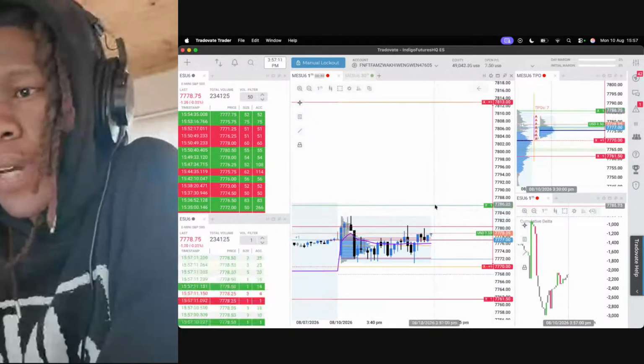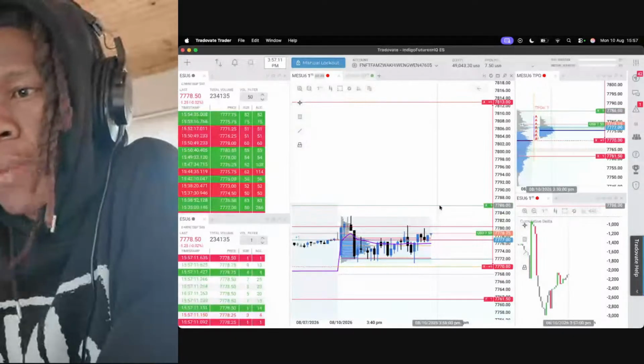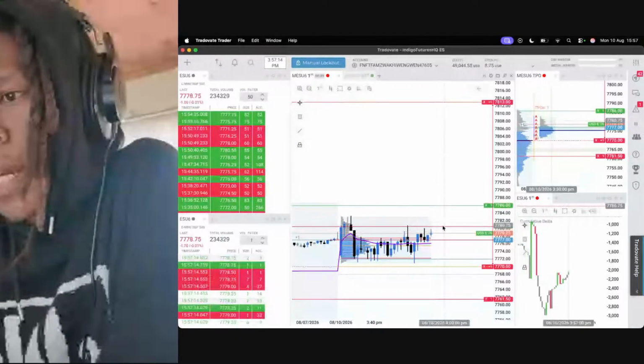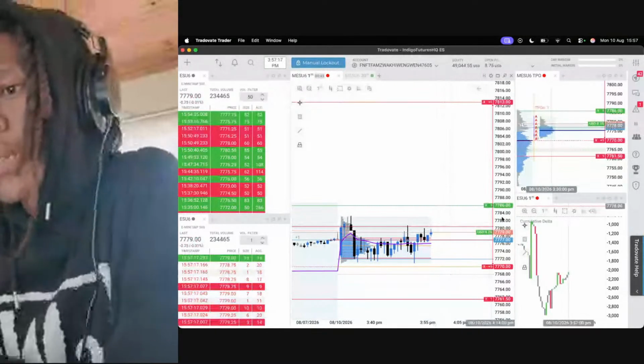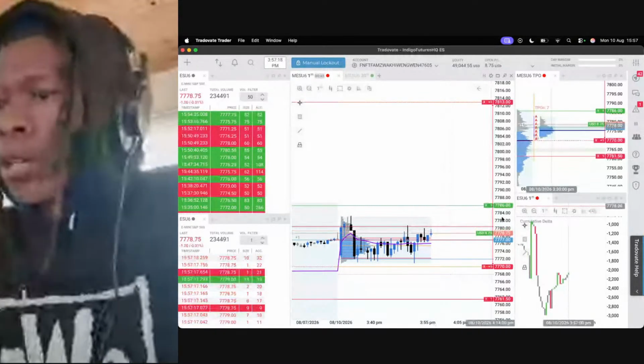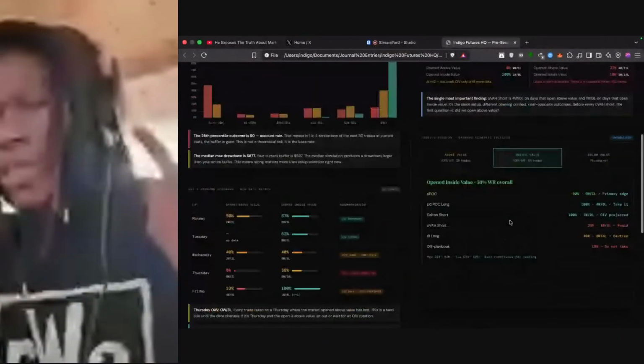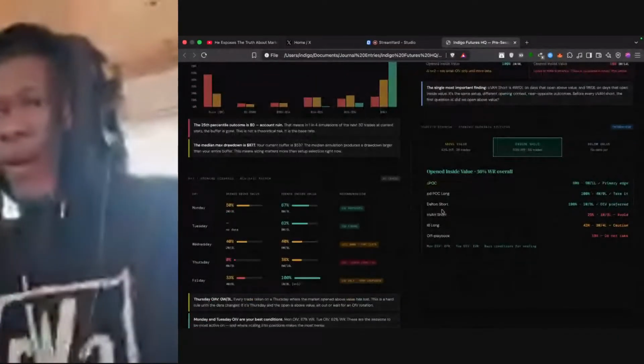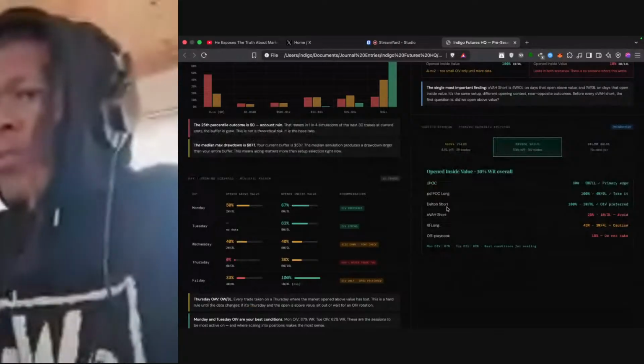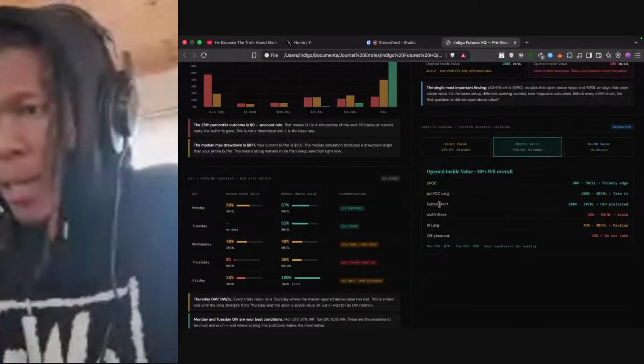We also could add above the previous day value area high, but look, we don't have previous day value area high over here. We have a Dalton short, so this would kind of be a counter trade.